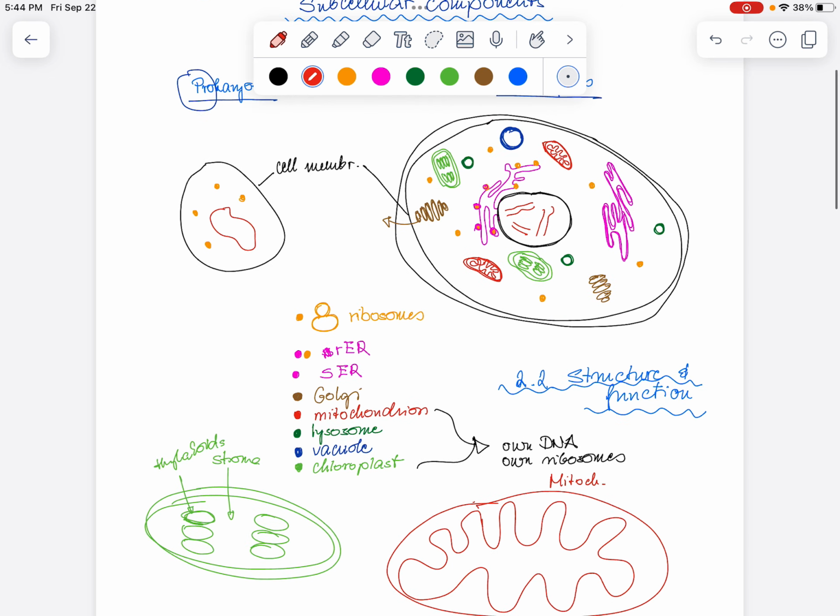The lysosomes, they were the dark green ones. They contain hydrolytic enzymes. Think back, the word hydrolysis means lysing the water, so splitting the water, and with that they are going to just break down the macromolecules, the big molecules, into their monomers.